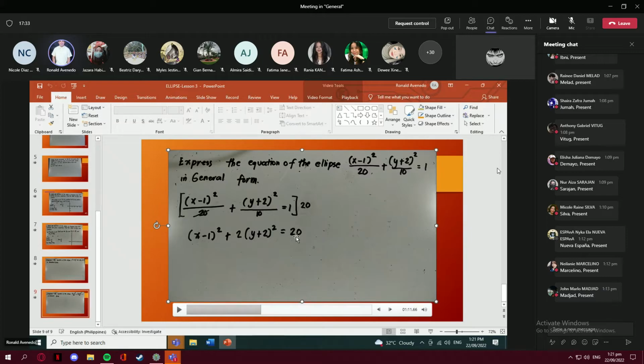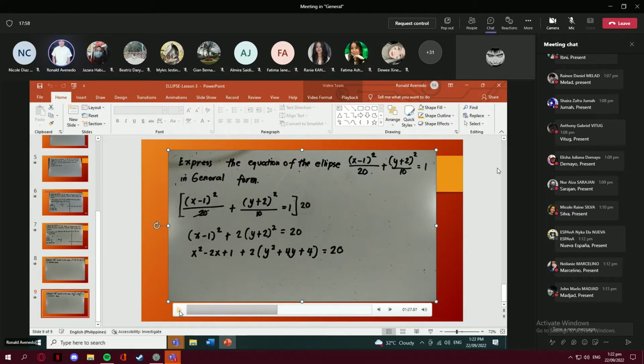So that is why you have equal to 20. So no more denominator. Then expand. So this is x squared minus 2x plus 1 plus 2, then y squared plus 4y plus 4 is equal to 20.